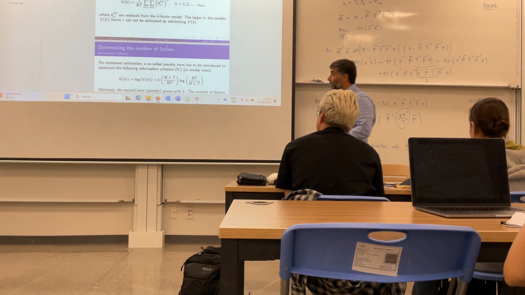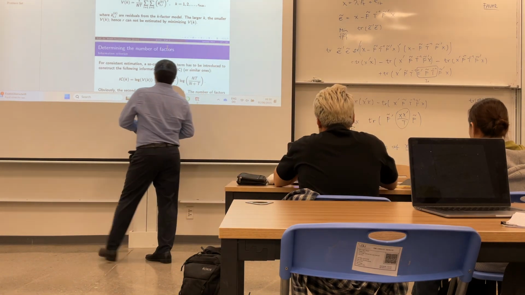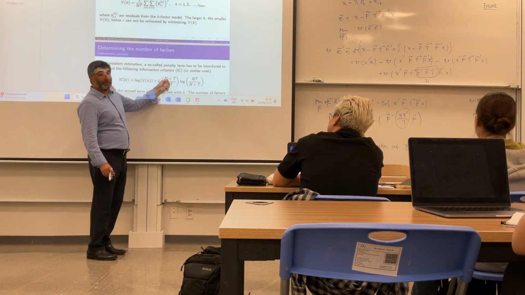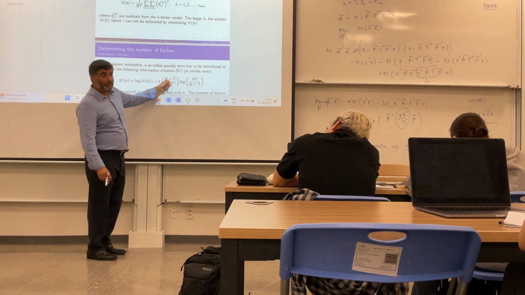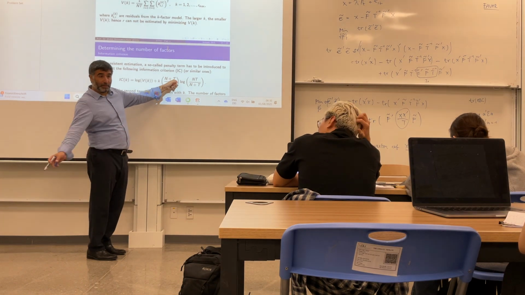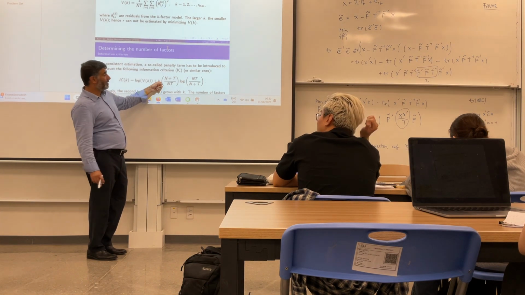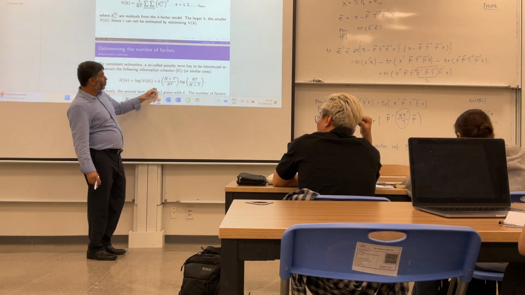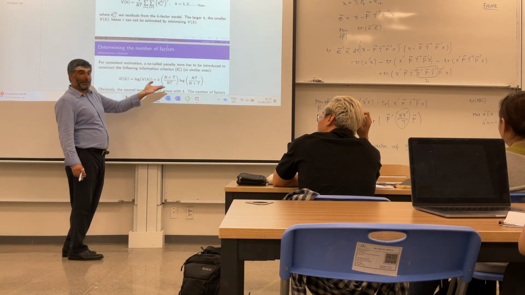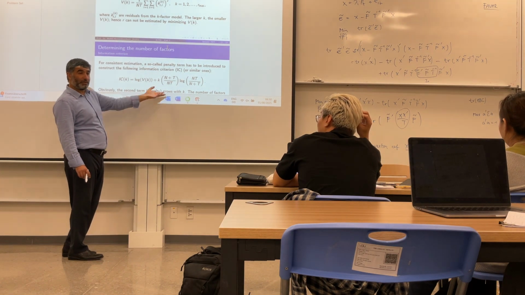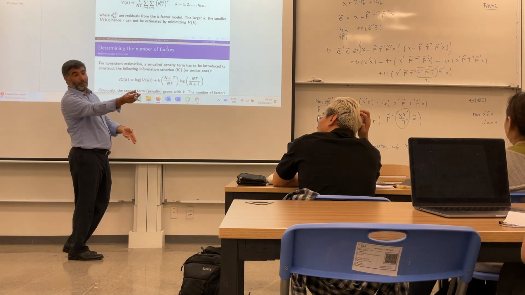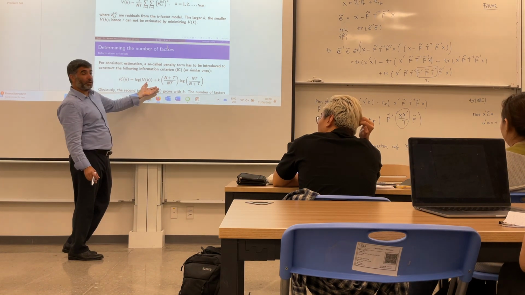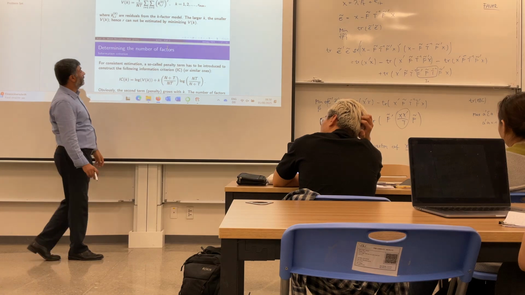Here you have the punishment term. N is the number of the countries, T is the sample size in time, and K is the number of the factors. You choose K such that this is minimized. That's the way that you choose the number of factors. So we need an information criteria, and that is the one.